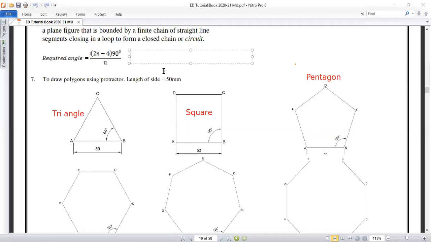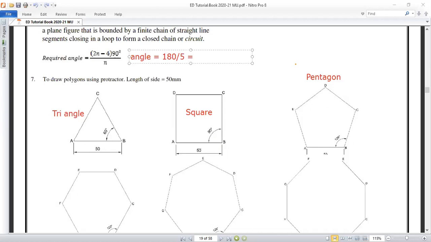And if you wanted to calculate the required angle, you can use this equation again, 5 into 2. So it is 10, 10 minus 4, 6. 2 multiplied by 90 is 180. 180 divided by 5. So you will have the angle of the pentagon.